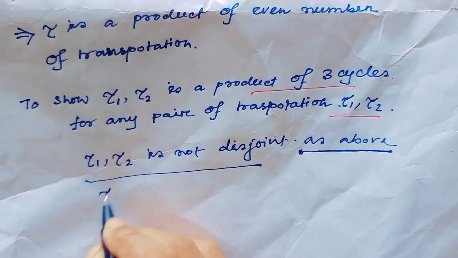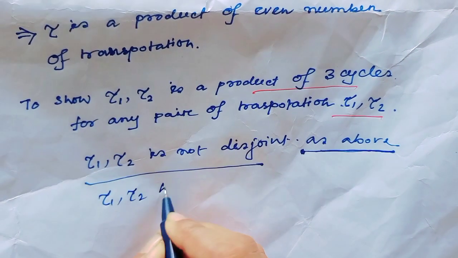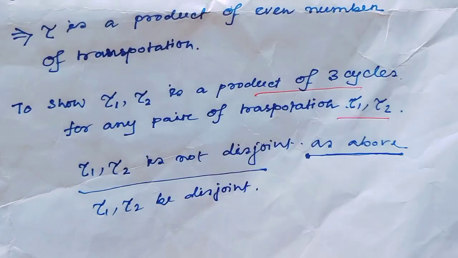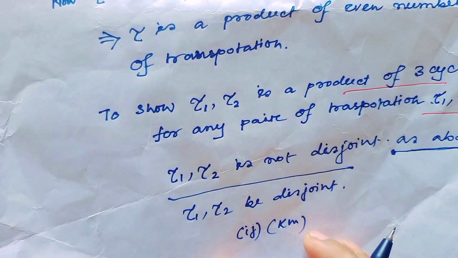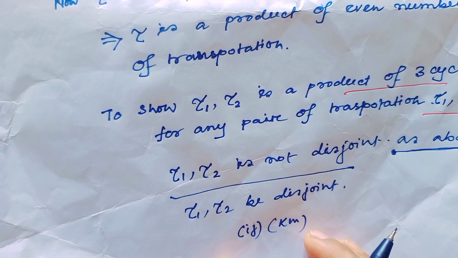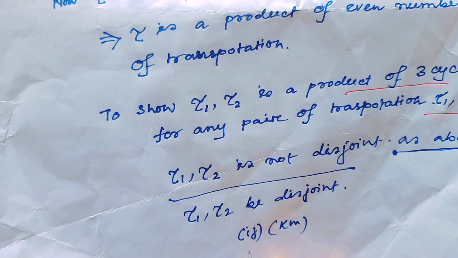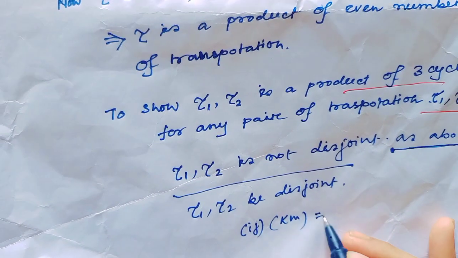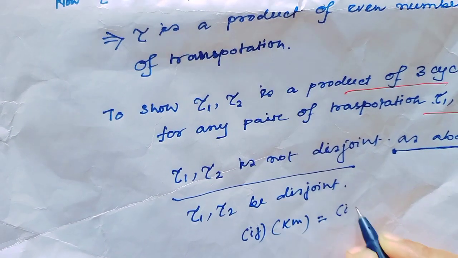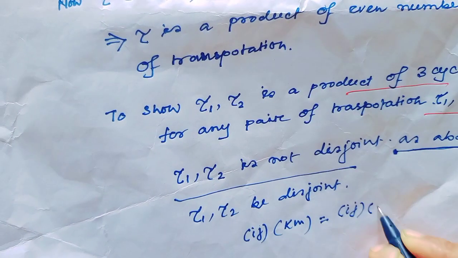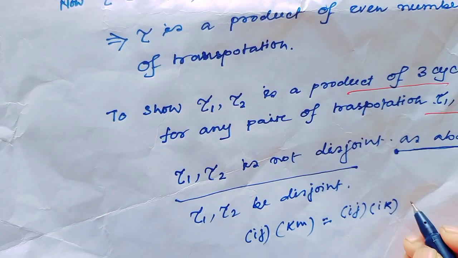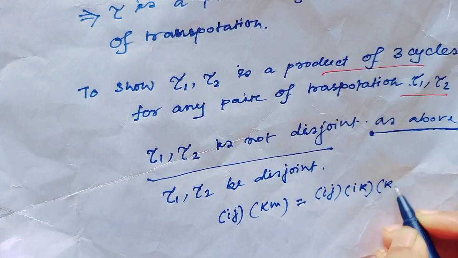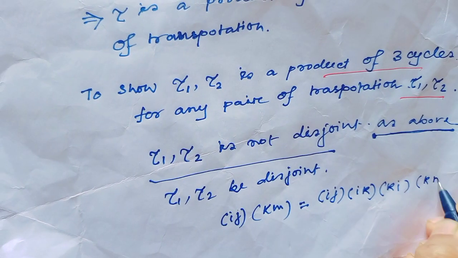But when tau_1 and tau_2 are disjoint, consider these two transpositions (i j)(k m). Obviously this is disjoint. Here we can write this as (i j)(i k), and the inverse of (i k) is (k i), then (k m).